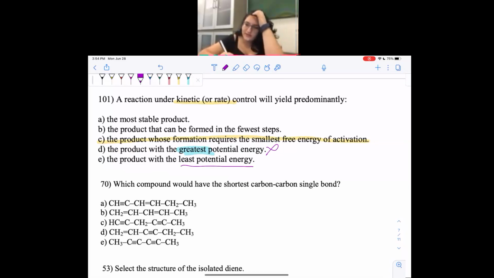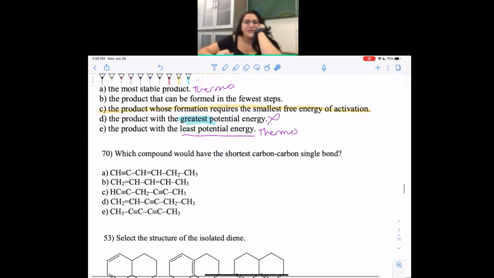Lowest potential energy is thermo. Most stable is thermo. B is often a product of C, but the best answer would be C. The definition of the kinetic product is the smallest free energy of activation. So B is often true, but not necessarily true. That one's a tricky one.